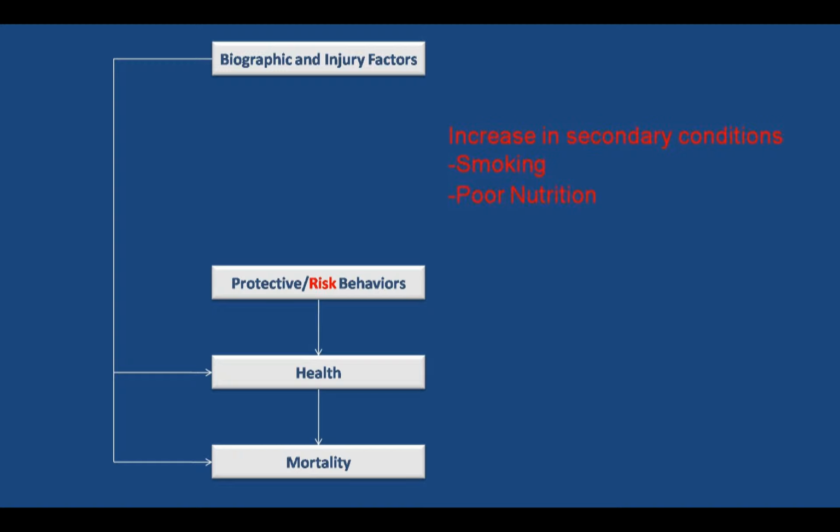It would lead to an elevated risk, again, for particular secondary conditions as well as for mortality itself. Another type of protective behavior is something that would diminish the risk or lead to a lower risk of an outcome. So a favorable nutrition or exercise might be examples of protective behaviors.